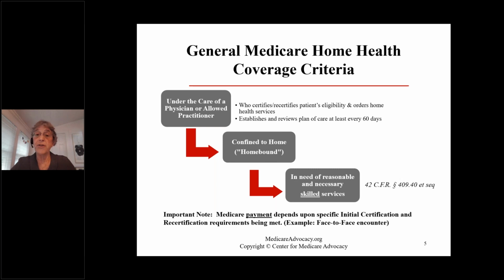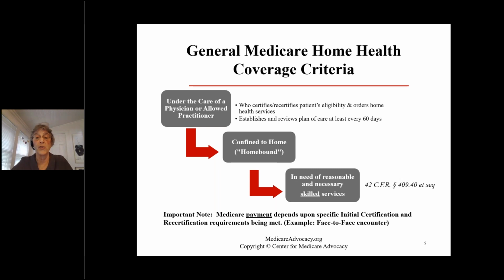The authorized healthcare practitioner must also certify that the individual is what's known under the law as confined to home. We often refer to that as homebound, and I'll give some details about that, but let it be said that that does not mean that the person cannot leave home or is bedbound. And finally, the individual must need and receive skilled services, which means nursing or therapy, in order to receive any home health care services.